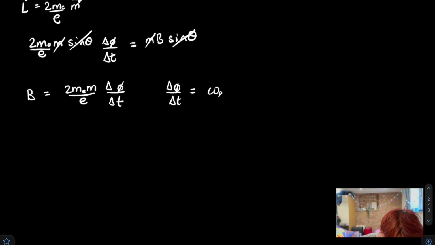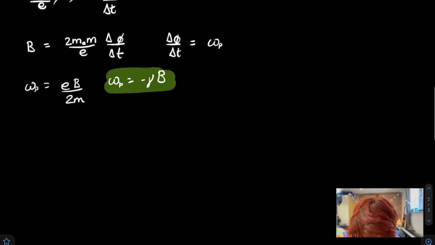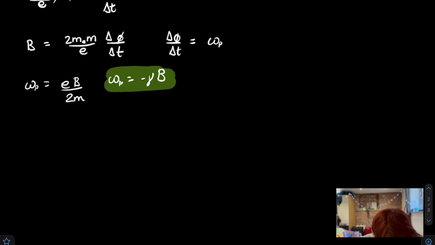And so we get that the precession frequency is equal to eB over 2m, or since e divided by 2m is sometimes known as the gyromagnetic ratio, we can also write this as equal to minus gamma times B right there. So this is the precession frequency, and this is the frequency at which the axis takes to complete one full cycle.